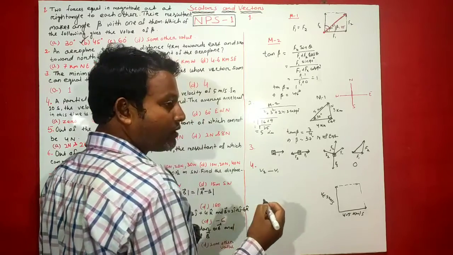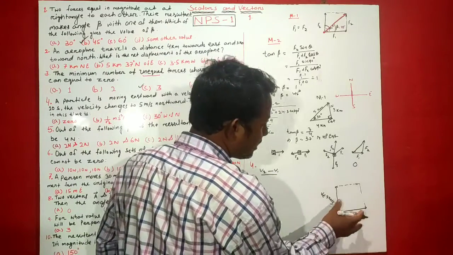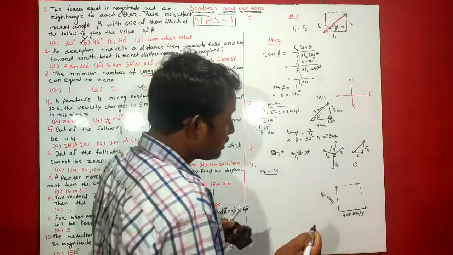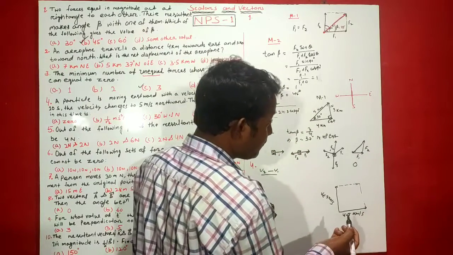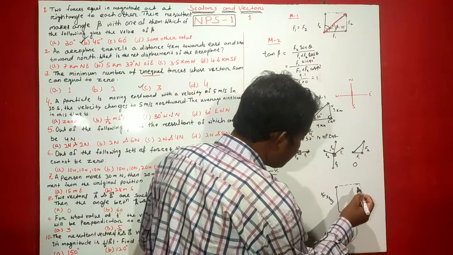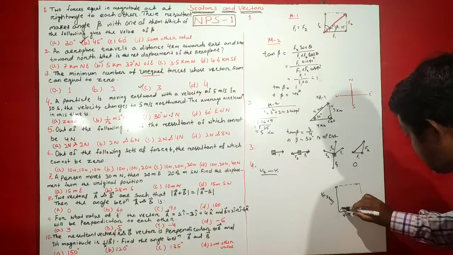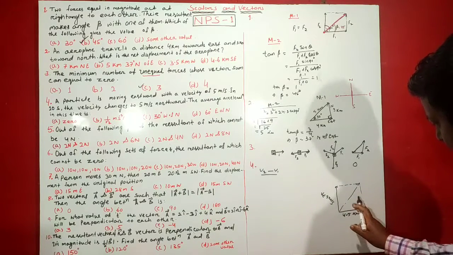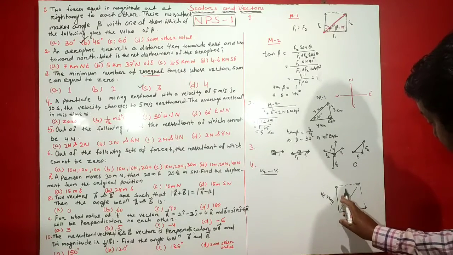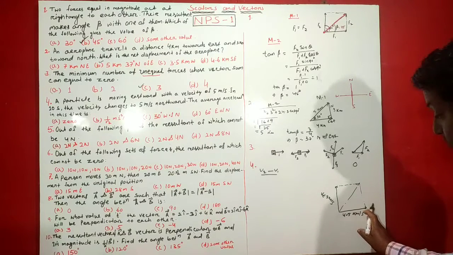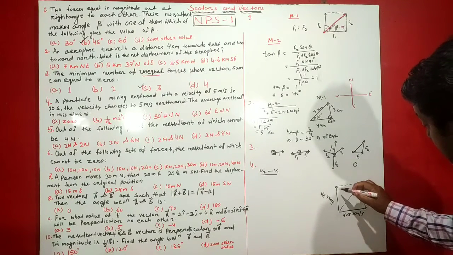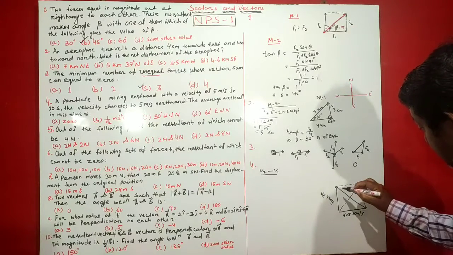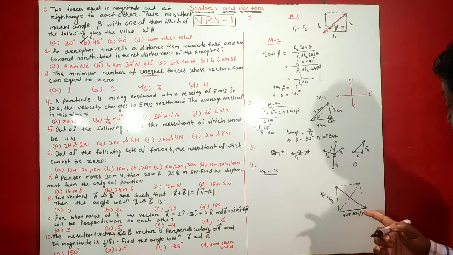So when we subtract two vectors according to vector subtraction, this resultant will be A plus B, but we have to find the final velocity minus the initial velocity, V2 minus V1. Then the other diagonal of the square will be our difference vector.